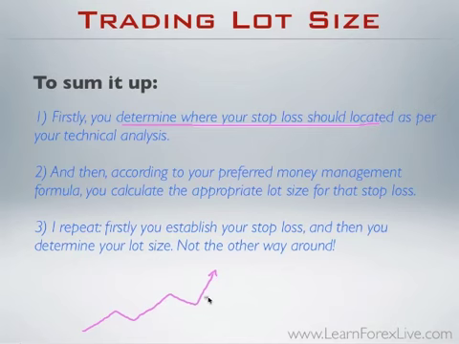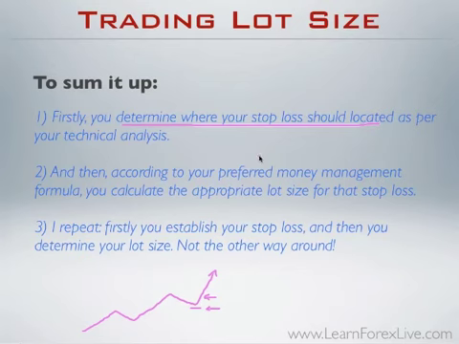Let's imagine you enter long on the market right there and you determine that your stop loss should be located right below the last pullback, meaning right there is where you should locate your stop loss. That's the first thing you have to determine upon spotting a trading opportunity.